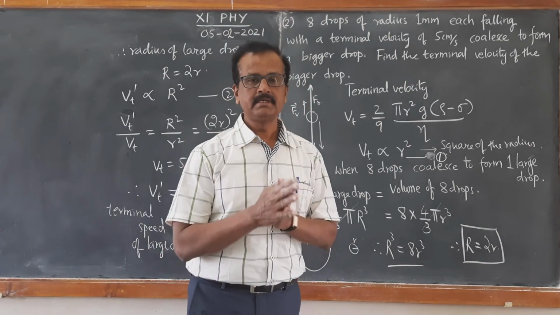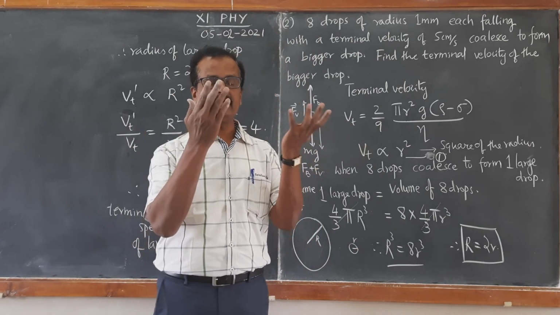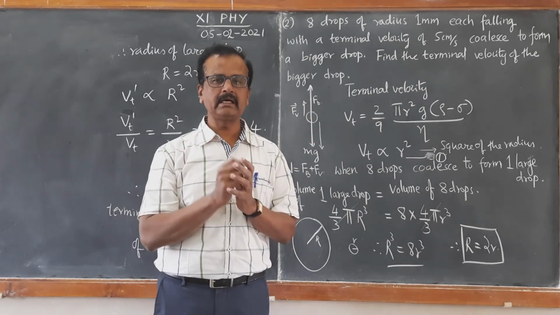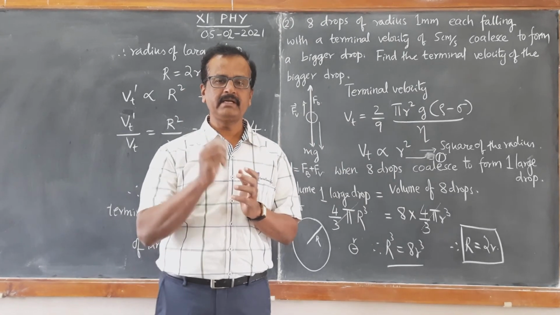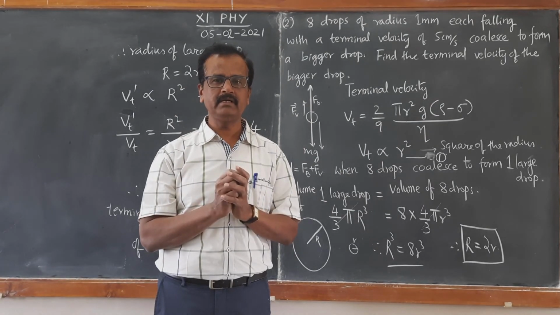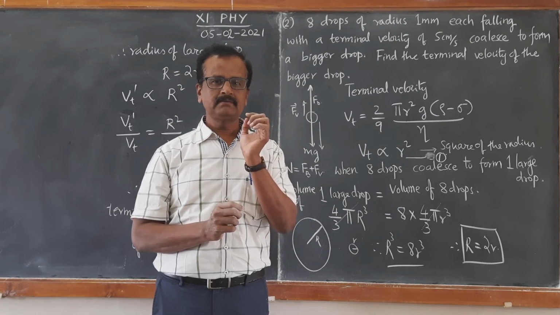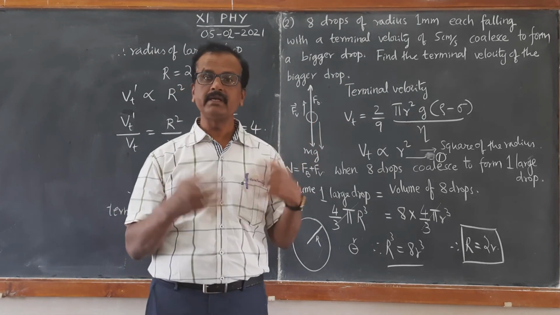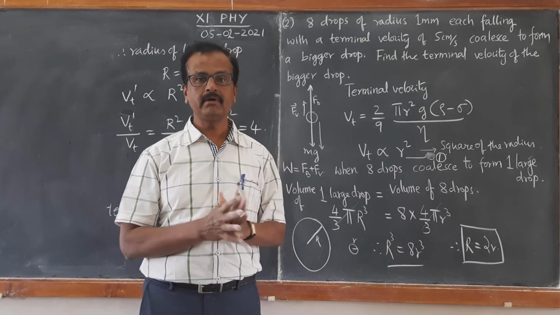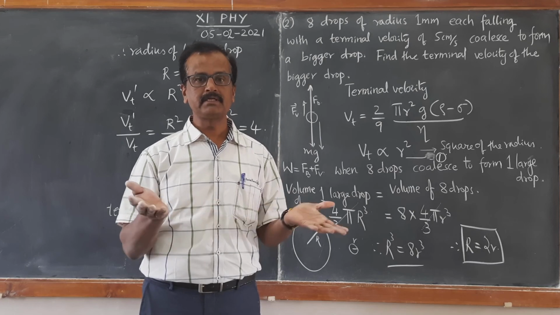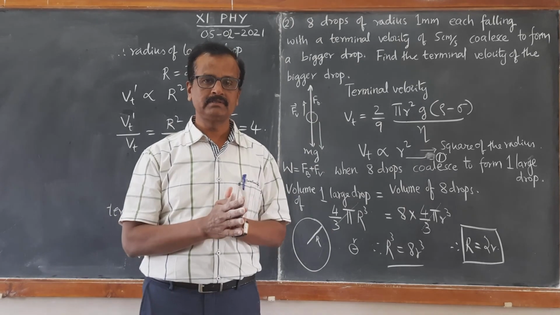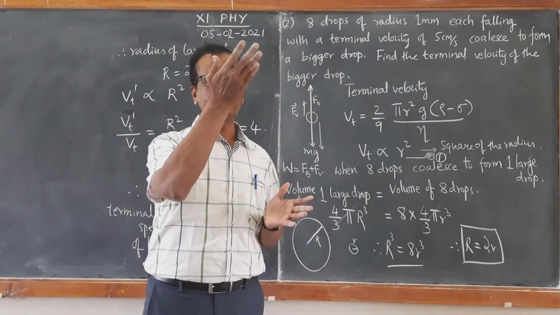This is a very important thing. Sometimes you will see thin clouds just flying in the air. The reason is that thin clouds have very tiny drops of water, and the radius of these drops is very small, so the terminal speed will be negative. It may be negative or it may be 0. When the terminal speed is 0, these tiny drops do not reach the ground, so they are just carried away by the wind.